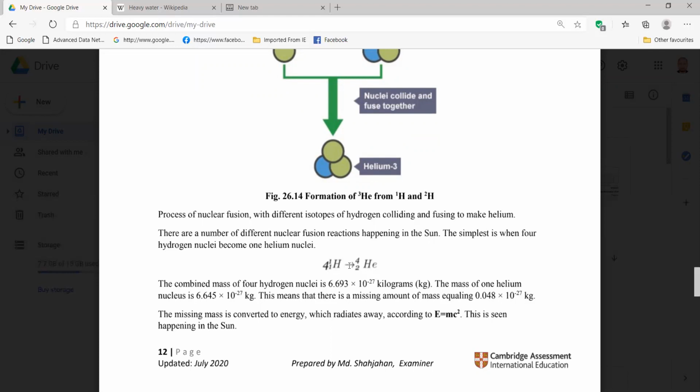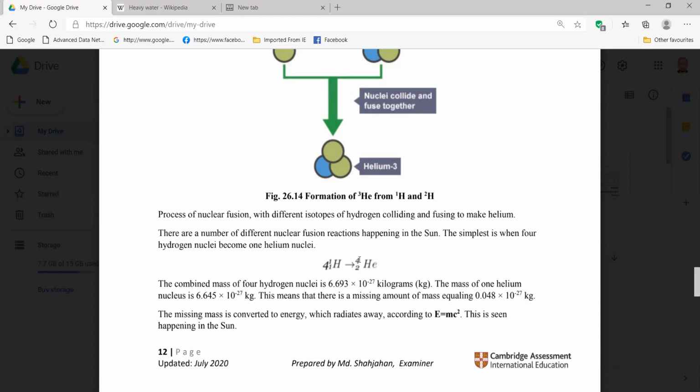They did not give an equal sign. That means we did not balance the equation. Here we are showing only one helium. Actually, if we have 4 hydrogen plus 4 neutrons, then we will get 2 helium atoms. Then the equation will be balanced. Is it clear?